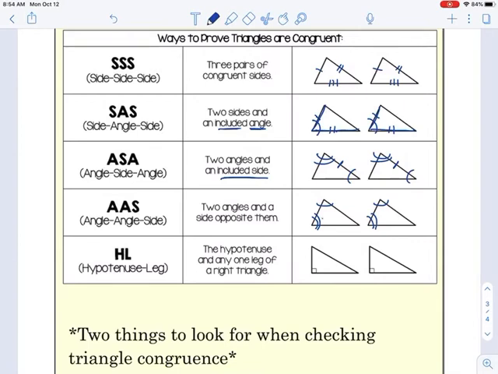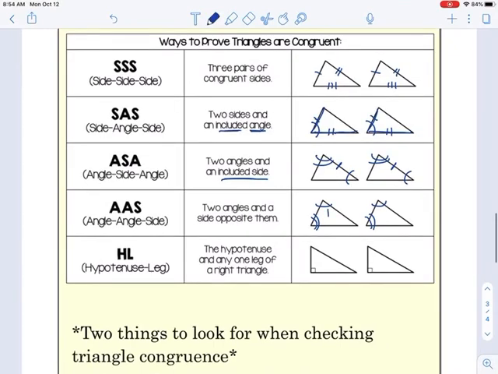So how about directly opposite the one with two hash marks? If I go directly opposite, that's going to be this side here. Directly opposite, it would be that side there. So that would be angle, angle, side. I also could have gone in the opposite direction. So I could have gone opposite angle 1, and then I'd have to go opposite angle 1 there. So again, that's angle, angle, side.